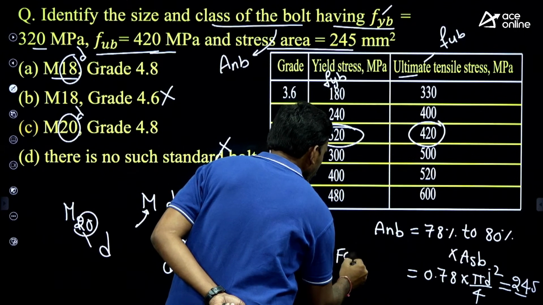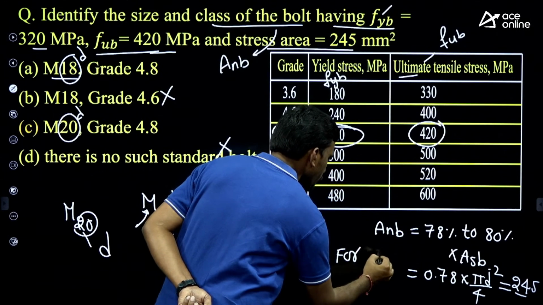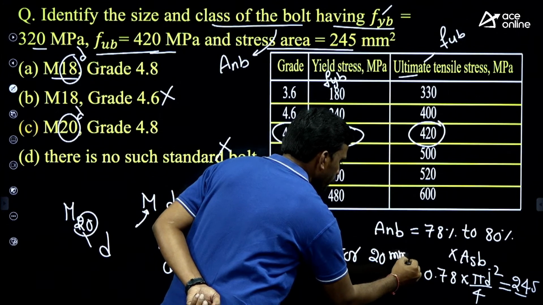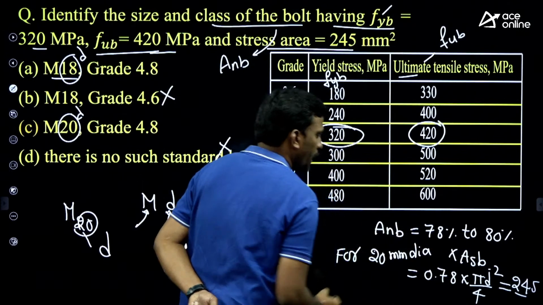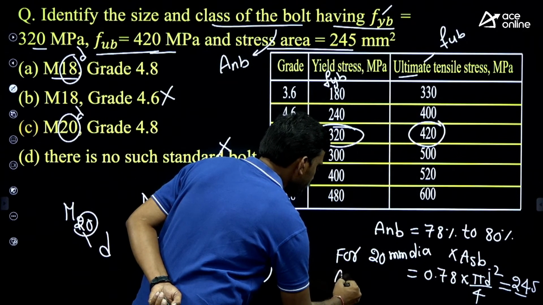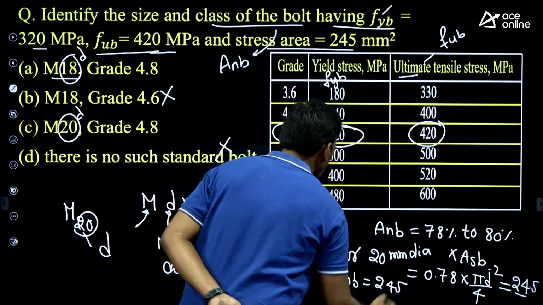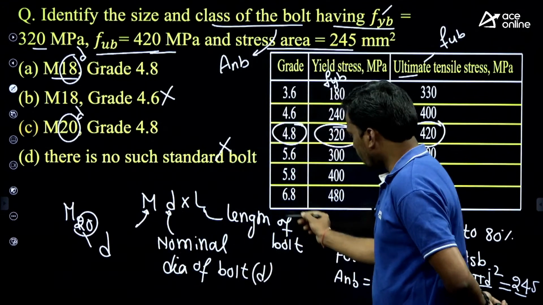Okay, for 20 mm diameter you will get 245. I'll give the values here, I'm erasing this one.